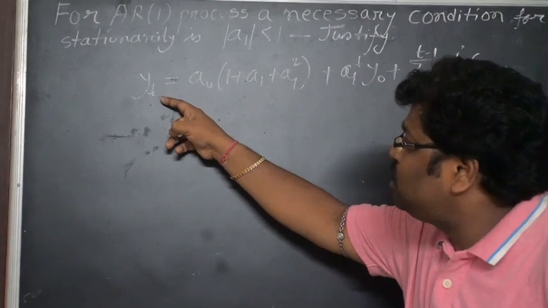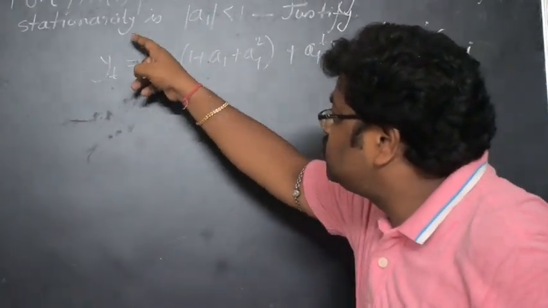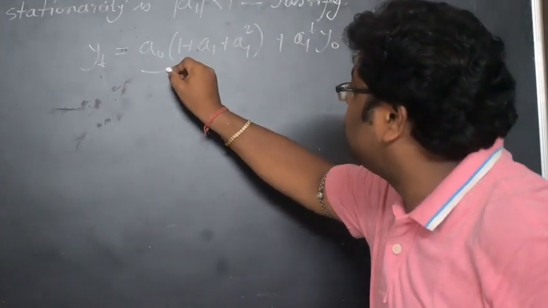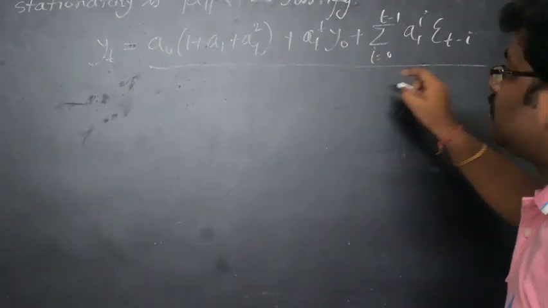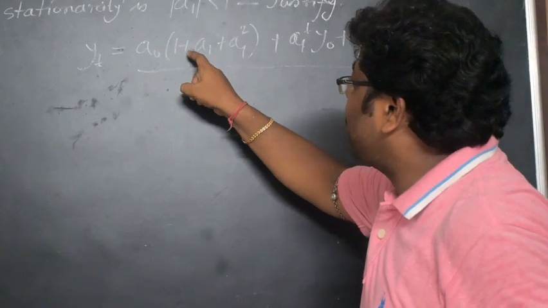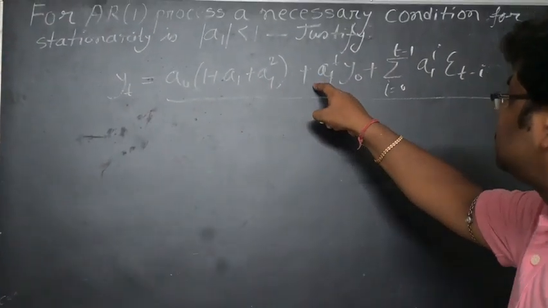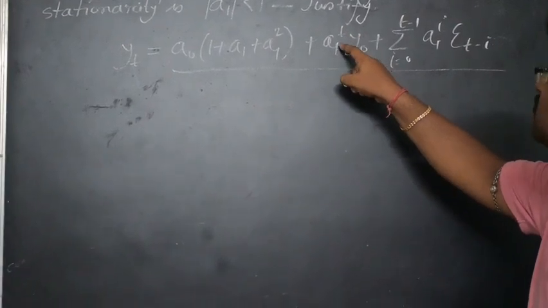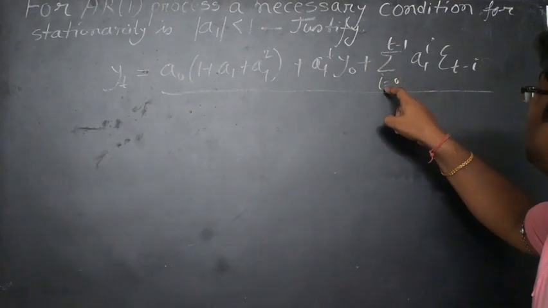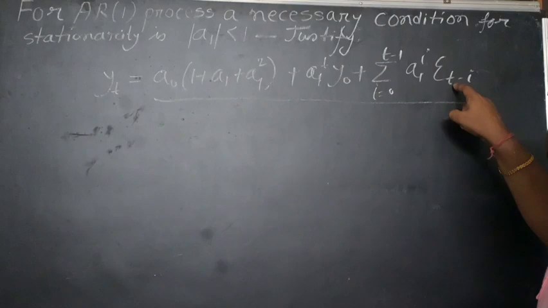At period 3 you know what we have found. Now in this way, if we proceed for T, then we can write: a0 times the bracket 1 plus a1 plus a1 square, and plus a1 to the power t y0, plus the summation for i equal to 0 to t minus 1 of a1 to the i epsilon t minus i.